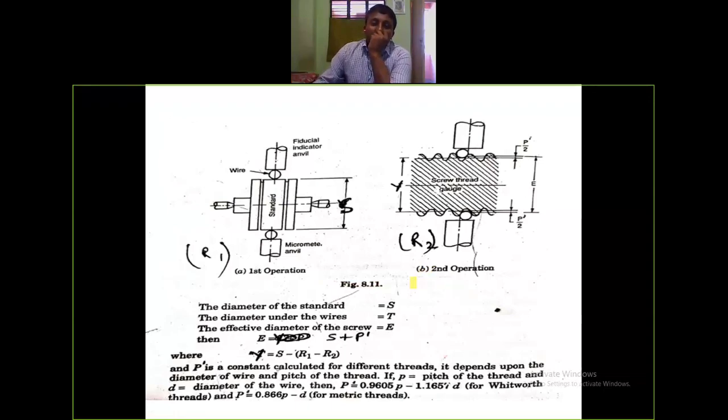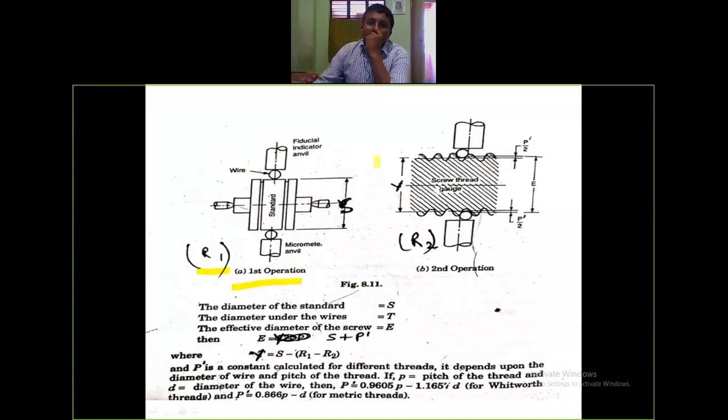Already we have discussed this topic in the previous class. This is the floating carriage setup. If you are using the standard cylindrical specimen in the floating carriage micrometer, whatever reading you get will be your R1.